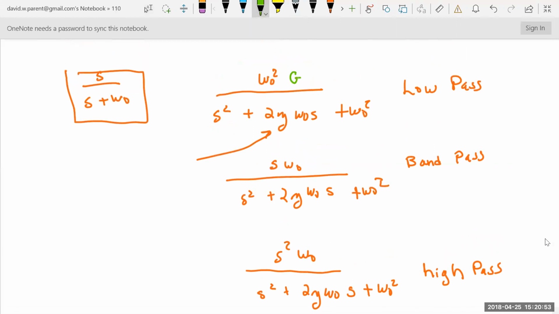I'll call this gain DC, gain midband, gain AC for high frequency. So we take a Bode plot. We've got to find omega naught, the damping coefficient, and the gain. And now you kind of know the system.